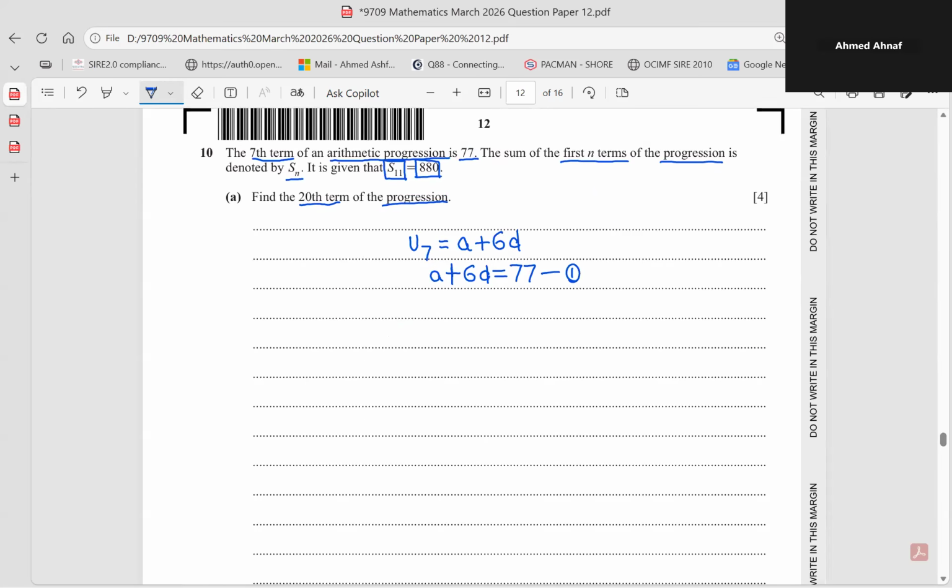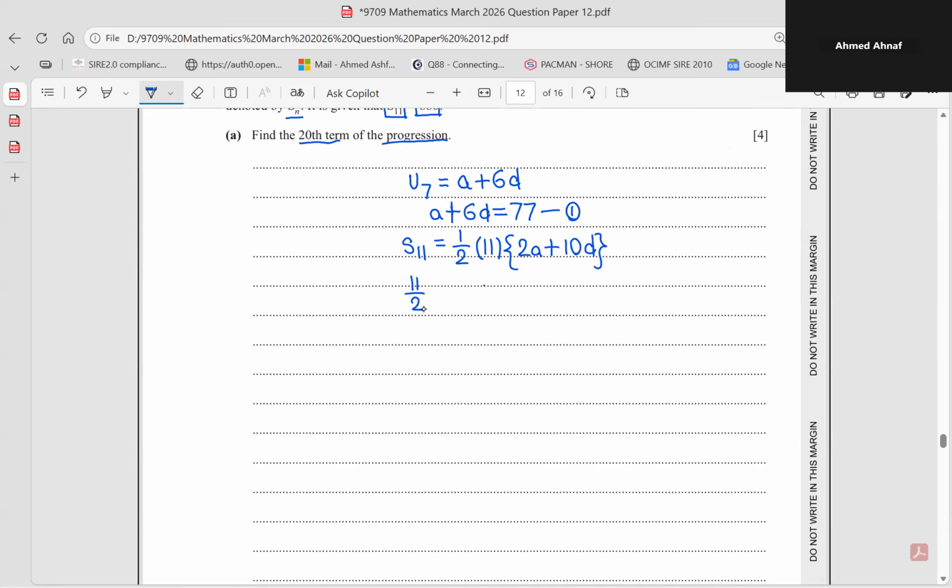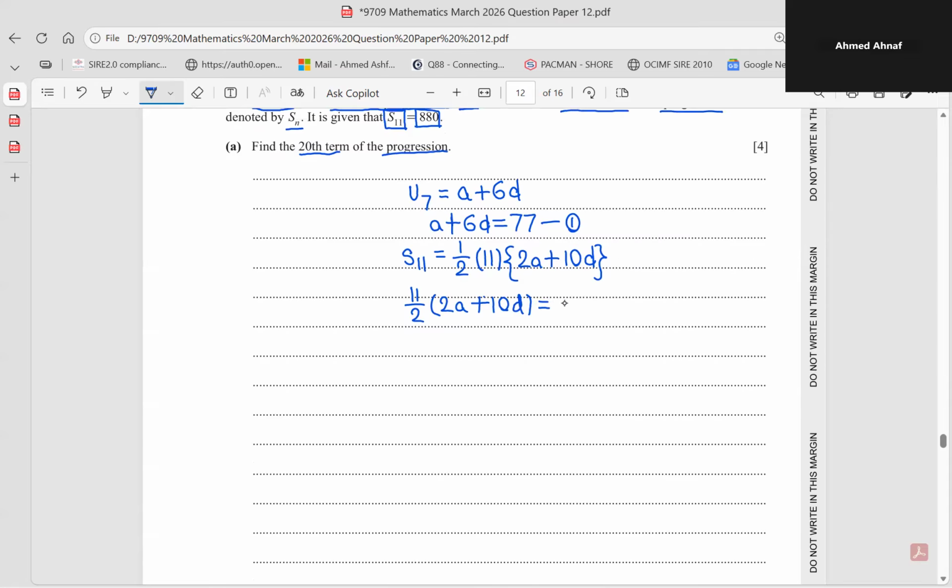Okay, so this is S11 equals half n, where n is 11, times {2a plus (n minus 1) d}. So 11 minus 1 is 10, and then d. So this is 11 over 2 times (2a plus 10d) equals 880.